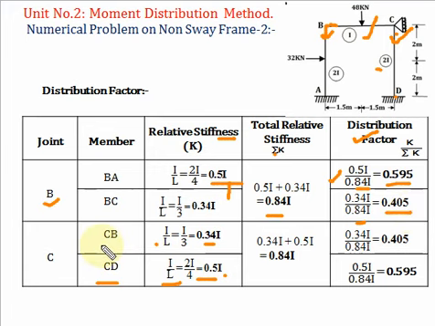Now for member CB, stiffness 0.34 I divided by total stiffness 0.84 I is equal to 0.405. Next, member CD, relative stiffness 0.5 I divided by total relative stiffness 0.84 I is equal to 0.595. So these are the distribution factors for the members connected at internal joints B and C.